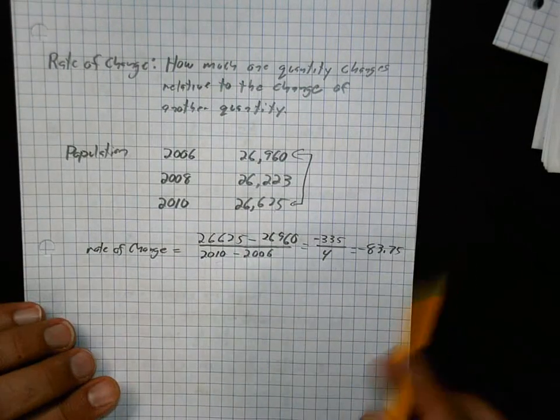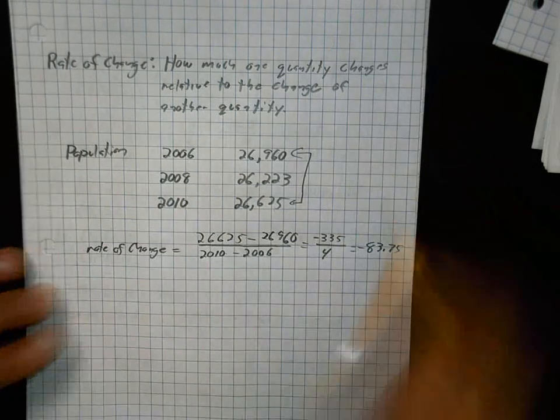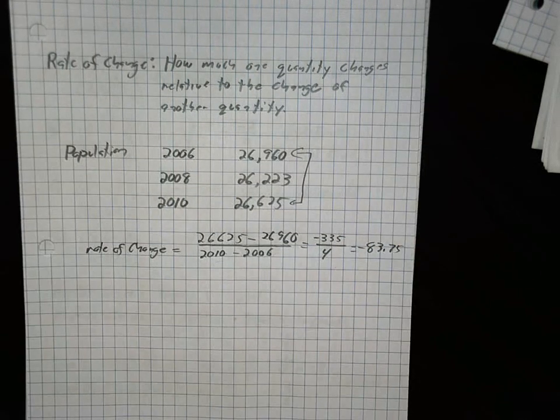So Superior is losing 83.75 people per year if we just look at this data. So that's how rate of change and slope relate. So that's it for section 2.2.